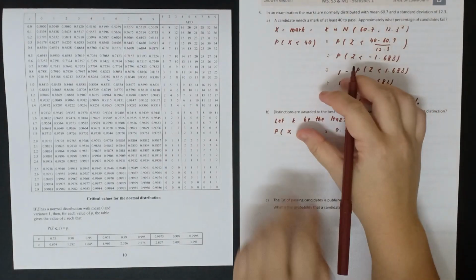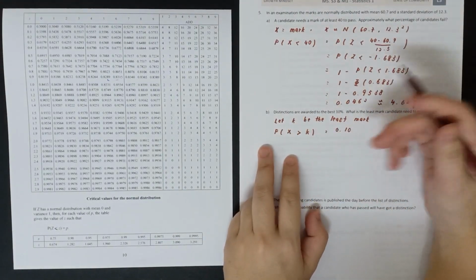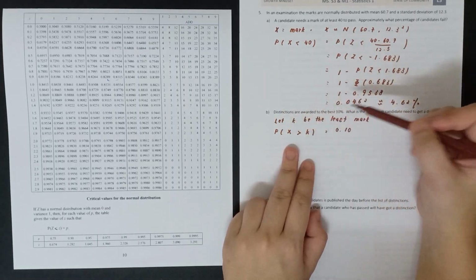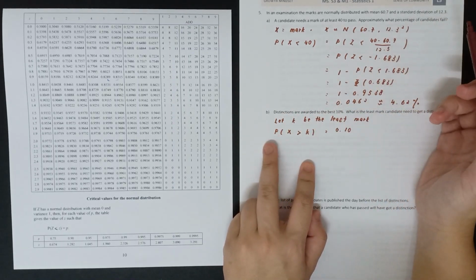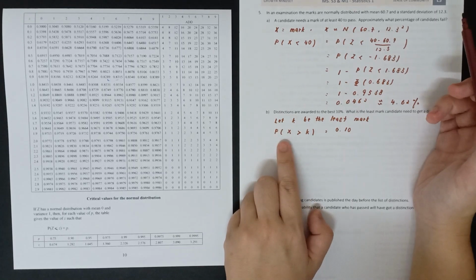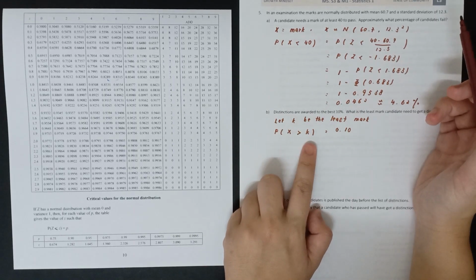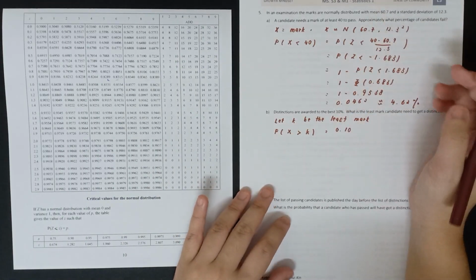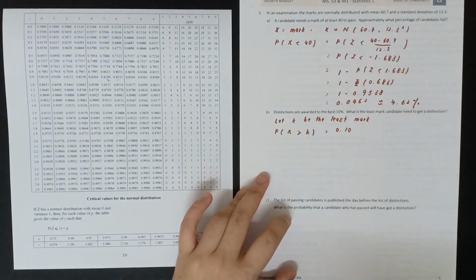Do you get the idea? K is the least mark for me to get a distinction. The distinction is only awarded to the best 10%, so the probability for a student to get a mark more than K is 10%, which is 0.10.